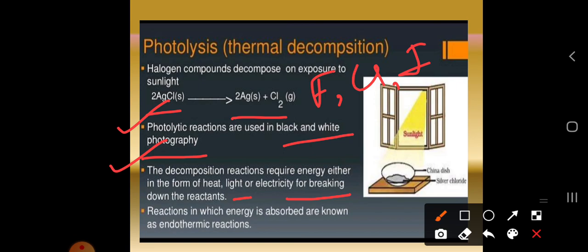It is also one of the thermal decomposition reactions itself. So dear students, till now we have covered two types of reactions: combination reaction and decomposition reaction.